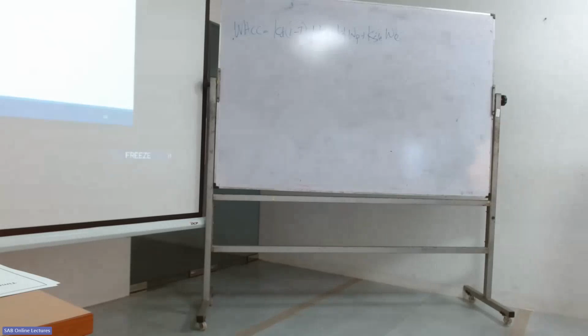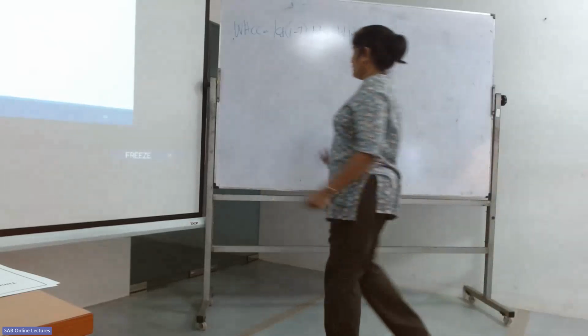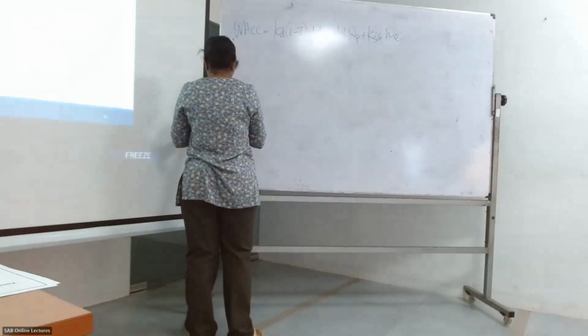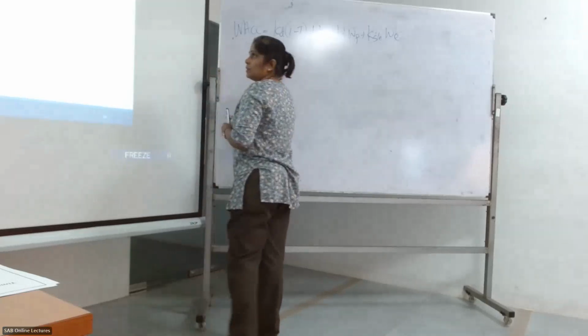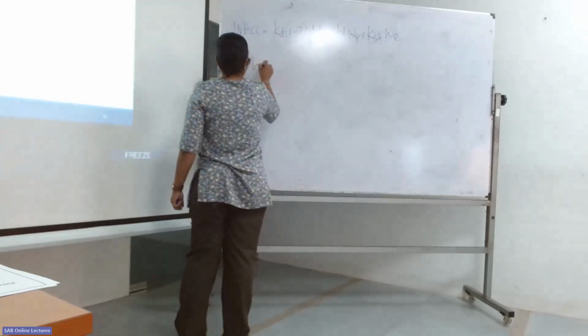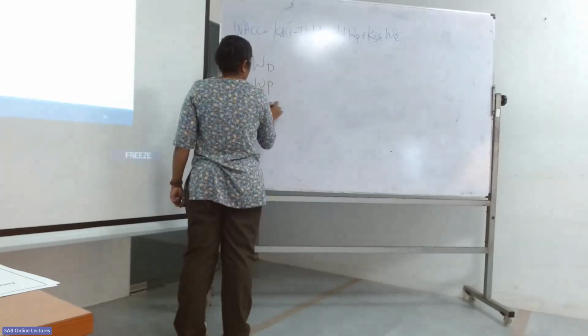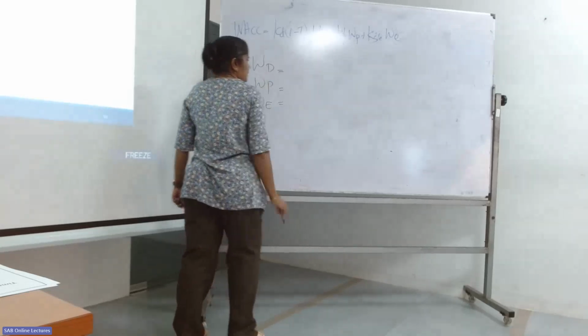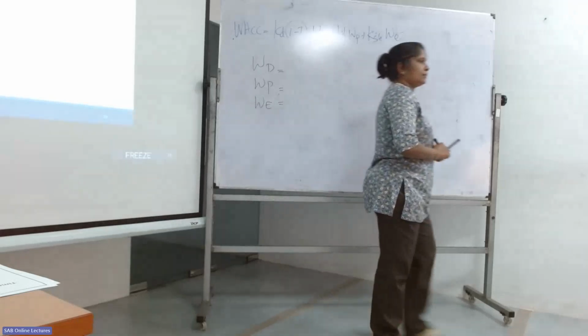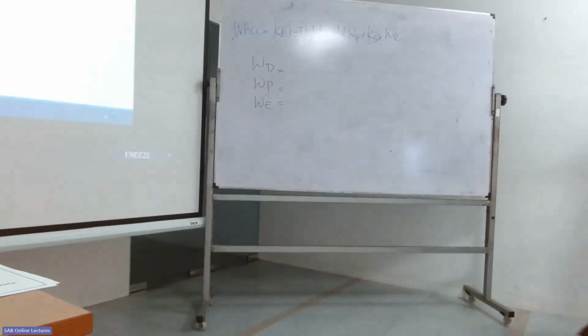In order to estimate this WACC, you should know the weight on debt, weight on preference shares, and weight on equity. It is not given. So total capital information is given.